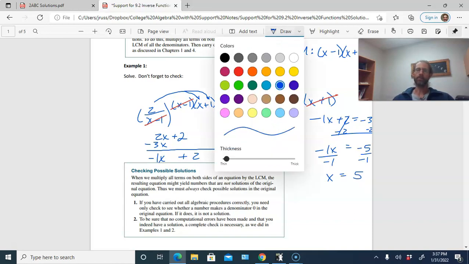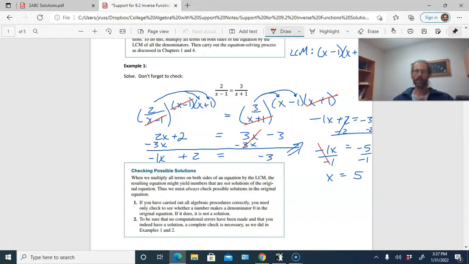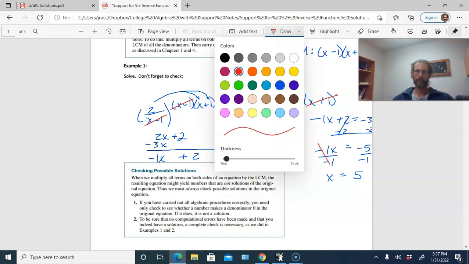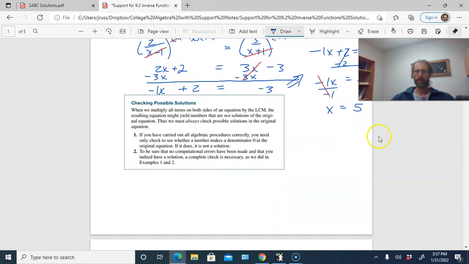And this solution will work. We can still check it. I'll check it down here. Just plug into your original equation. So 2 over 5 minus 1 is equal to 3 over 5 plus 1.